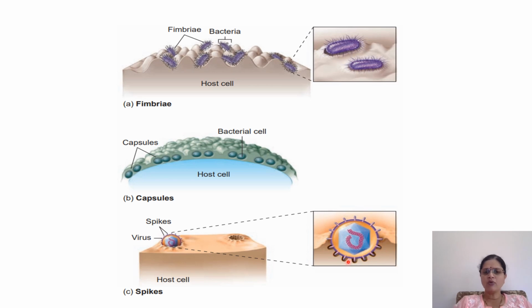So these spike proteins can specifically bind on the surface of certain cell receptors, and these receptors are present on the host cells. So again, a ligand receptor binding happens between the host cell and the pathogen, by means of which it attaches itself on the surface of the specific host cells.